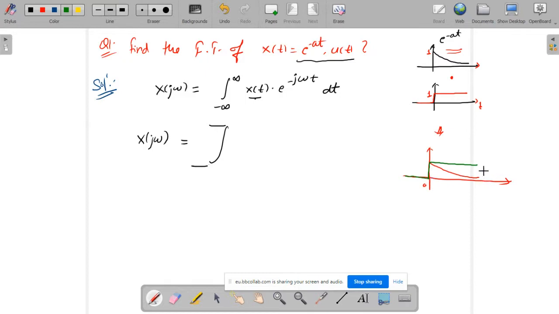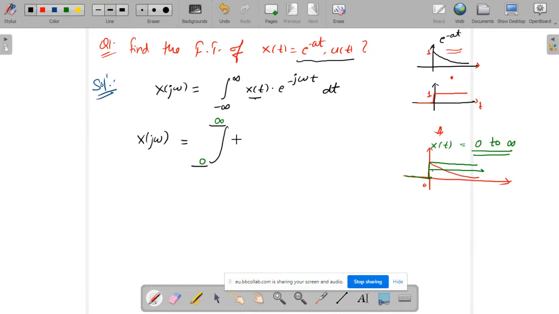So after the multiplication, we can say the x(t) signal starts from 0 and goes up to infinity. So this is the range of the x(t) signal, and we have to write here 0 and infinity. This is the most important point here. If you make a mistake here, then your whole answer will be wrong.